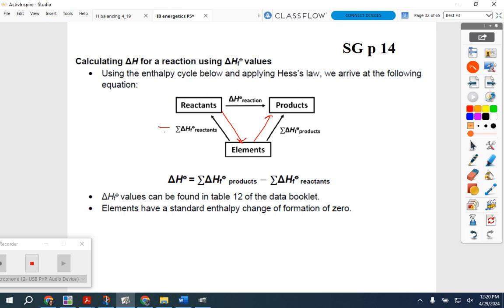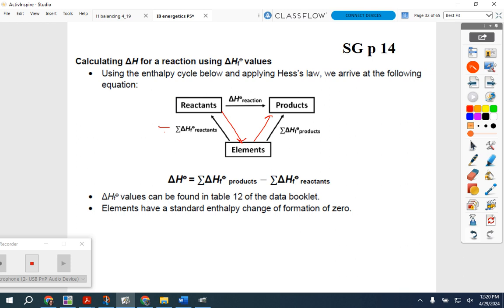So since the net is the sum of the parts of the path, we can either say it's the negative sum of the reactants plus the sum of the products, or we can just write it as products minus reactants. That's saying the same thing. Whichever one makes the most sense to you.